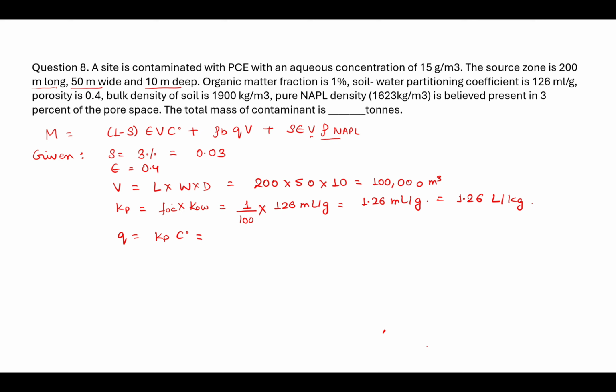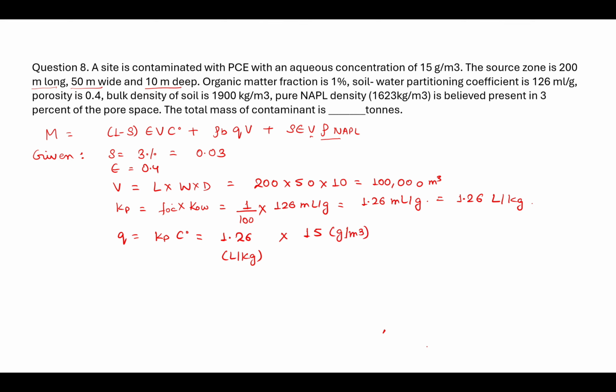So Kp is 1.26 liter per kg, and the concentration of contaminant is 15 gram per meter cube.